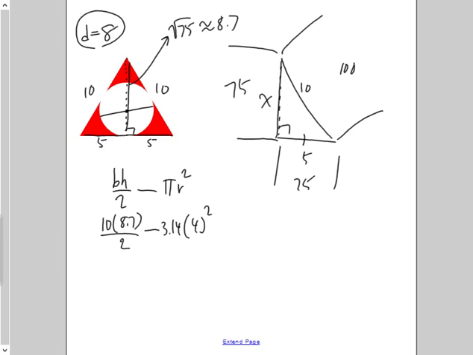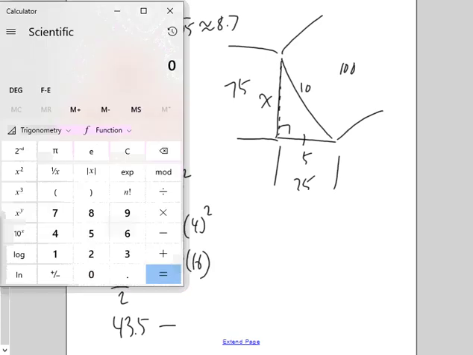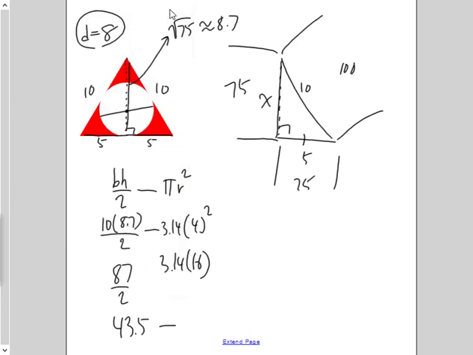10 times 8.7 is 87. And 87 divided by 2 is 43.5. Take away 3.14 multiplied by 16, times 16. 50.24. Uh-oh.